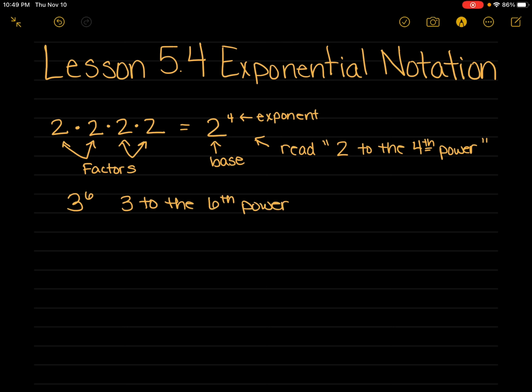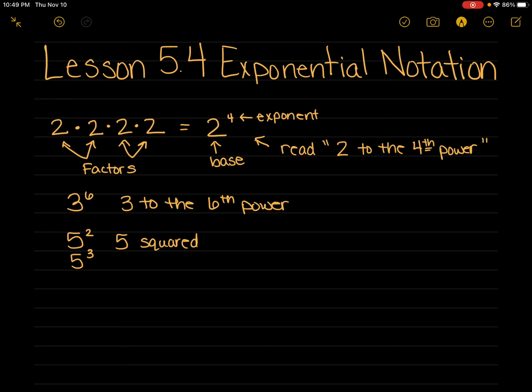Okay, we do have 2 that are special and are read differently. And that is if I had 5 to the 2nd power, or if I had 5 to the 3rd power. We don't say 2nd power and 3rd power. Those two are special. We say 5 squared on this one.